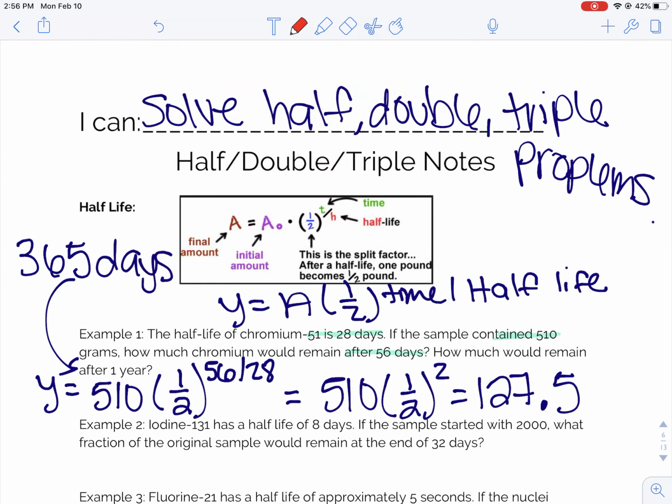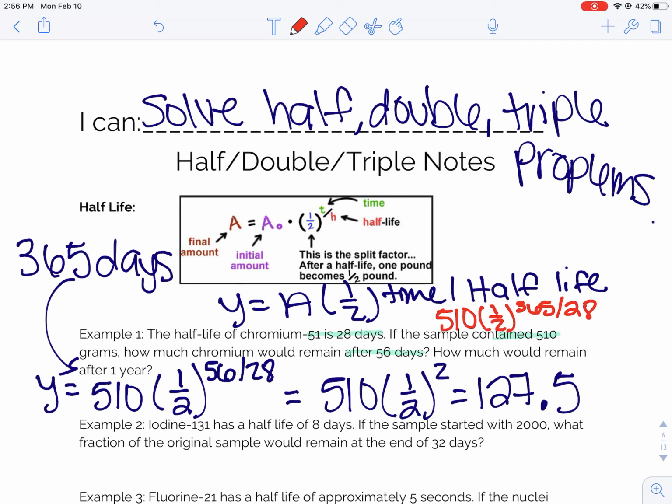So the only thing that's going to differ is this total time number is now going to be 365. So I would say 510 times 1/2 raised to the 365 divided by 28.